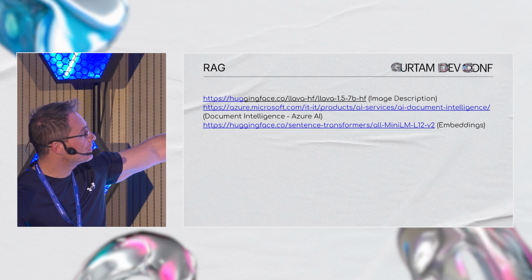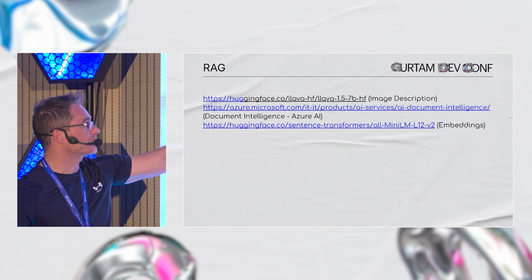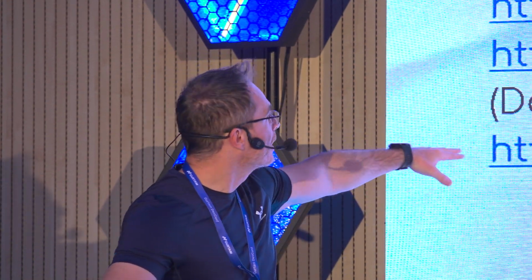I suggest using this version of LLaVA. It is a model that describes your images. There are several versions. I tried all of them. Not all of them work. That's the version that today worked for me. So, if you want to save money, today that's the best option.